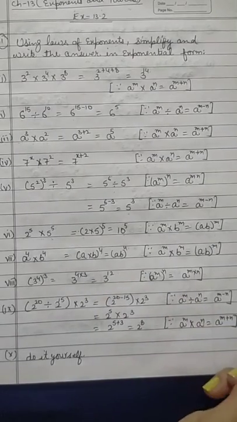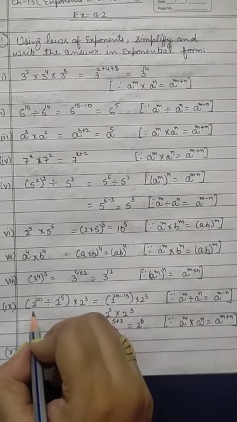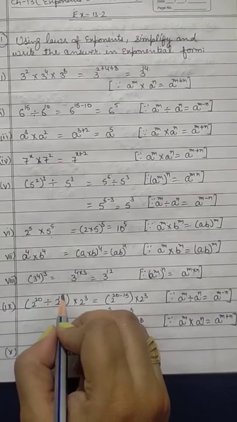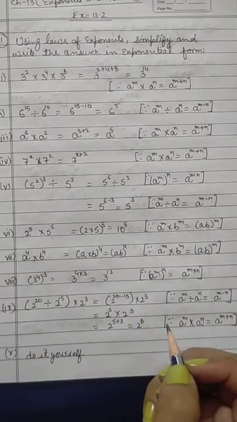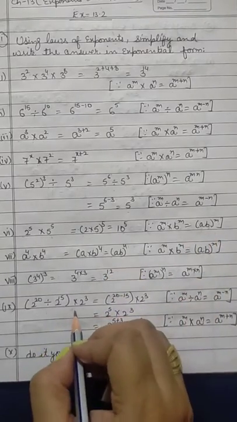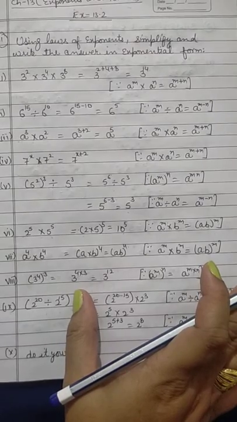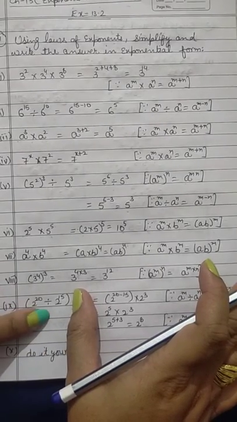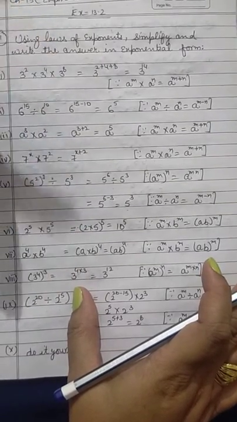Then in the ninth part, you can see we have 2 raised to power 20 divided by 2 raised to power 15, then there's a multiply sign, 2 raised to power 3 is also there. You can see he has used two signs here, division and multiply. So first of all we'll simplify the bracket. In the bracket the bases are the same, division sign and powers are different, so we will subtract the powers.